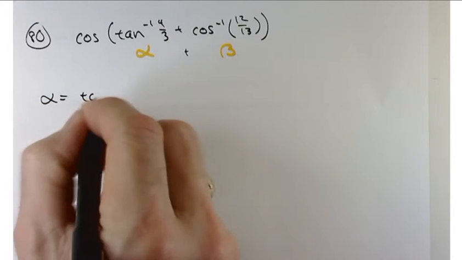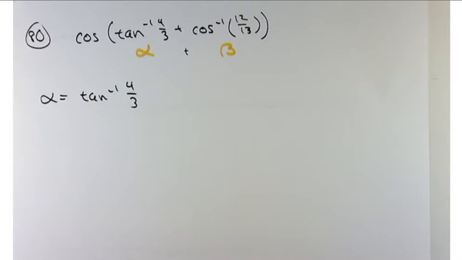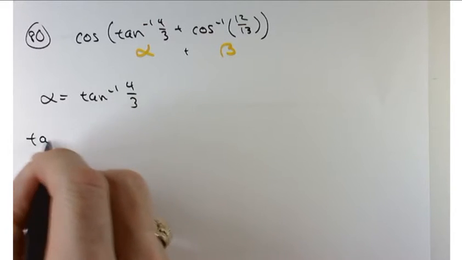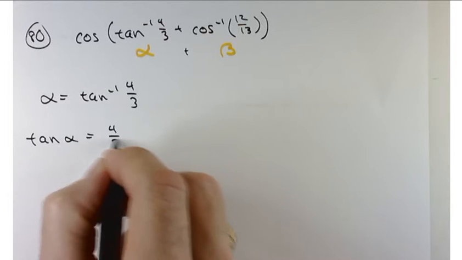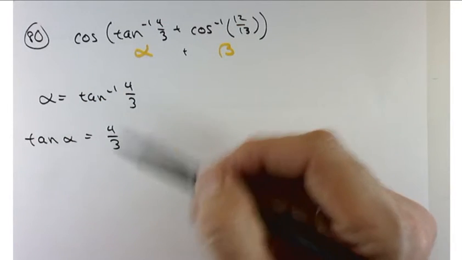That's what this is saying. These are two different sides of the same coin. Alpha is the angle whose tangent is 4/3, or tangent of alpha is 4/3. Either way, at this point, we can draw this angle. So let's do that.